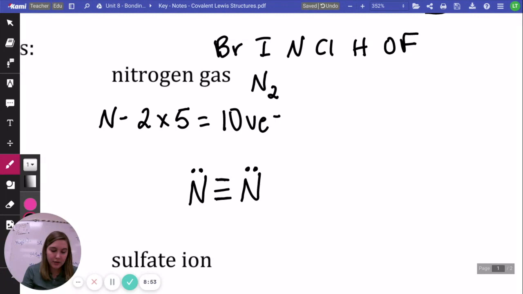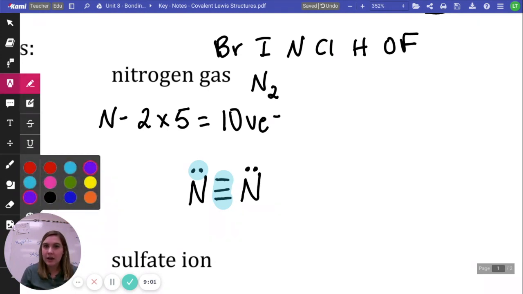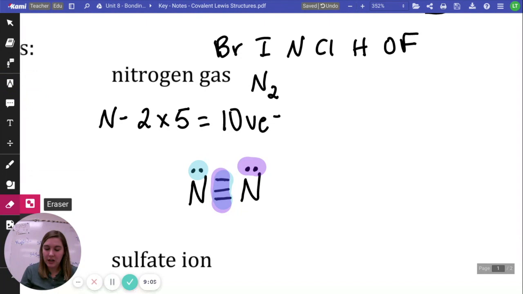All right, now if we check, we have 6 electrons shared right there, 2 on that nitrogen. So that nitrogen has 8. And then again, 6 shared right there, 2 on that nitrogen. So that nitrogen has 8. So everybody is stable and has the full octet that they need.